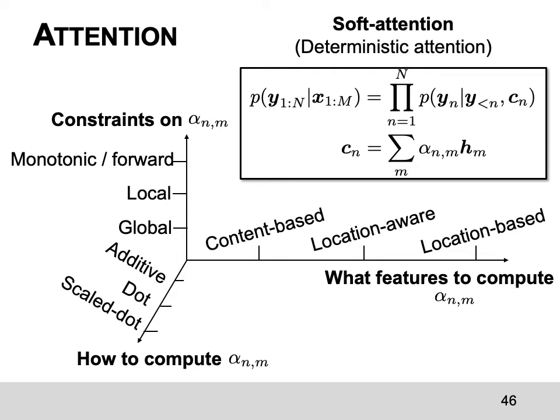For the way to compute the alignment, we can organize attention according to three groups: additive, dot, and scaled dot attention. And for the final axis, we can see attentions: the monotonic or forward attention, the local attention, and the global attention. So this is my proposal for organizing the so-called soft attention.